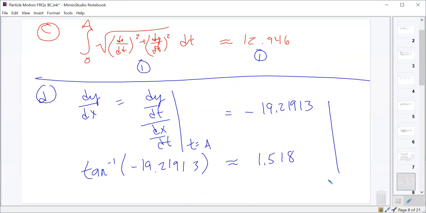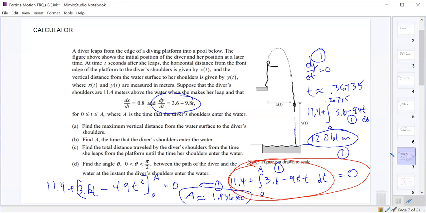But they asked for an angle between 0 and pi over 2, so we're looking for something between 0 and 90 degrees. And so, yes, it's got to be the positive version of it.